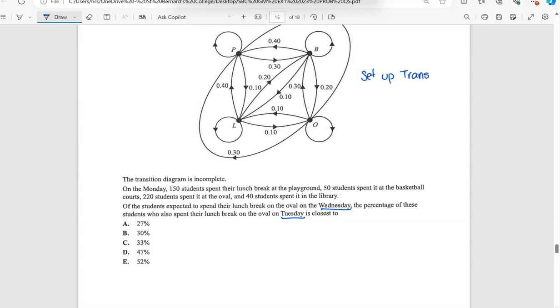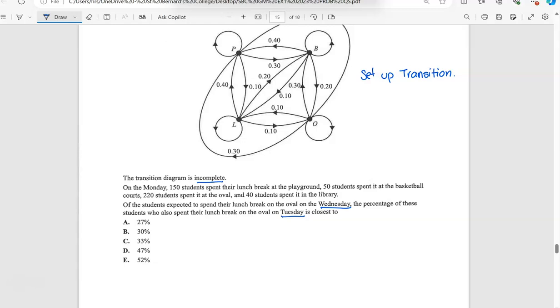It said the transition diagram is incomplete, so you may have to add some things in there. It won't matter how you set it up, as long as if you're going to go in this order, your state matrix has to go in this order.